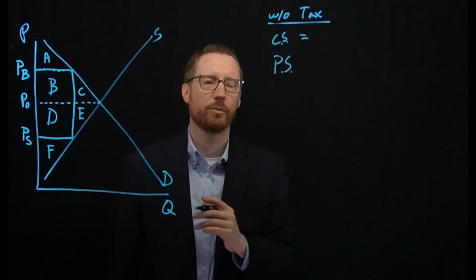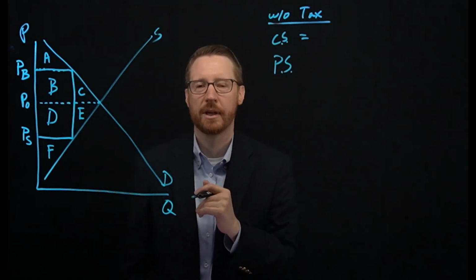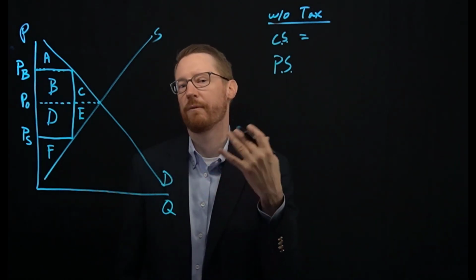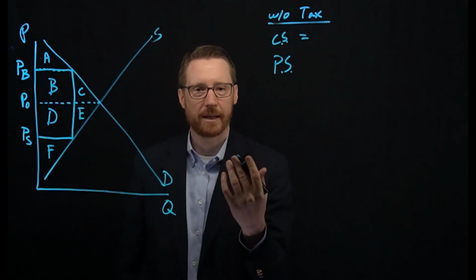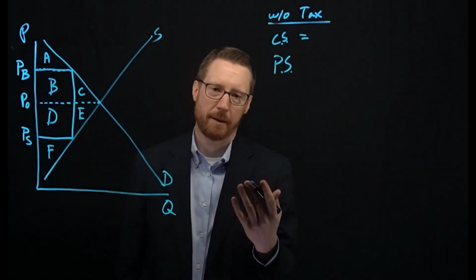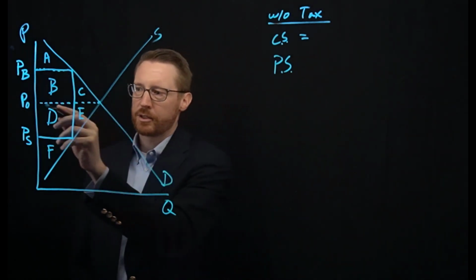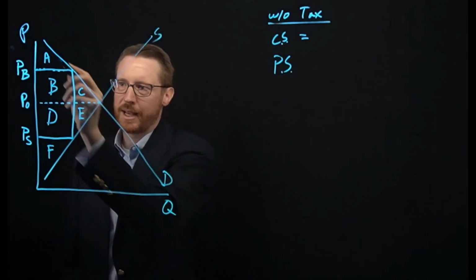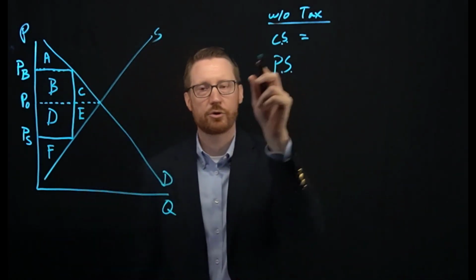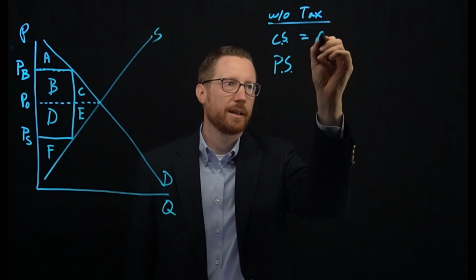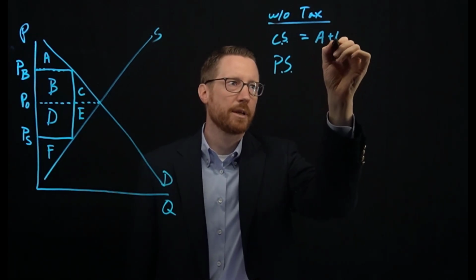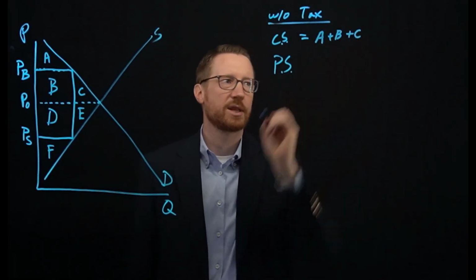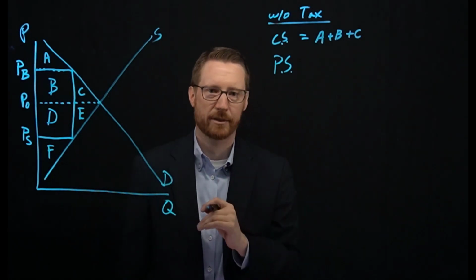So what's consumer surplus without the tax? It's how much the consumer values the good, the demand curve, minus what they pay for it, the price. So it's the difference between the price and the demand curve. So consumer surplus is area A plus B plus C without the tax.